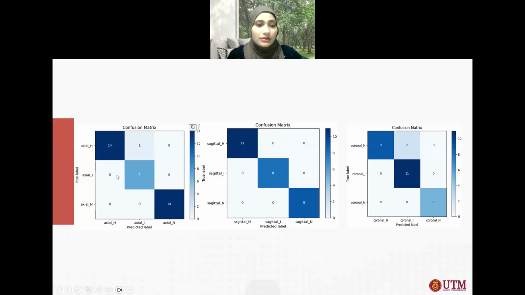There is no misclassification of images for axial N either, and 14 images are classified as normal, which is correct.